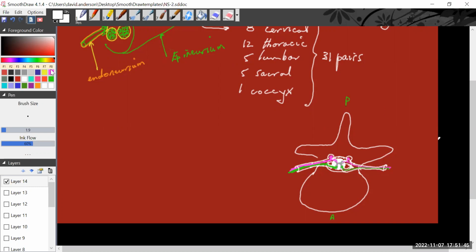If we looked at the vertebral column coming straight down, finishing in that tail at about the level of L2, leaving the skull, pair of nerves, pair of nerves, pair of nerves, pair of nerves, all the way down. 8, 12, 5, 5, 1.